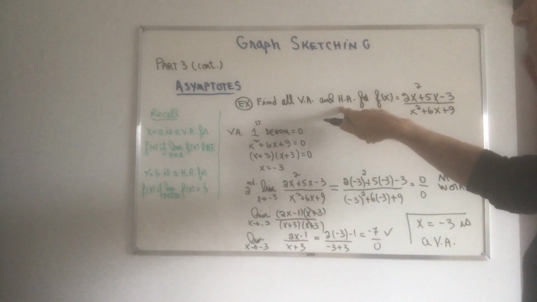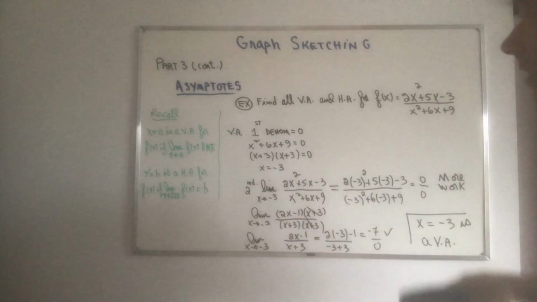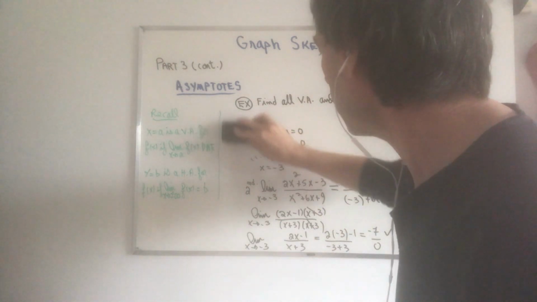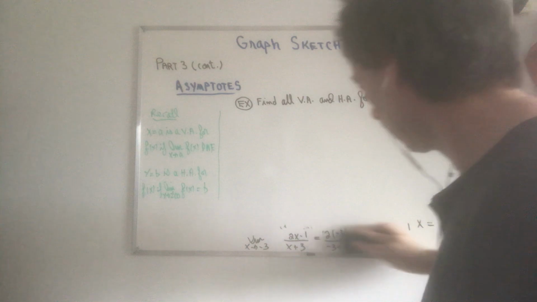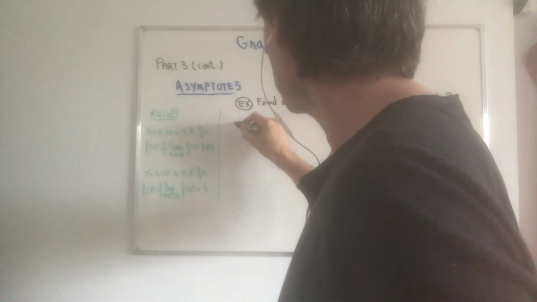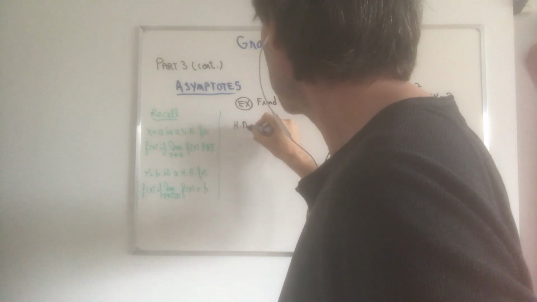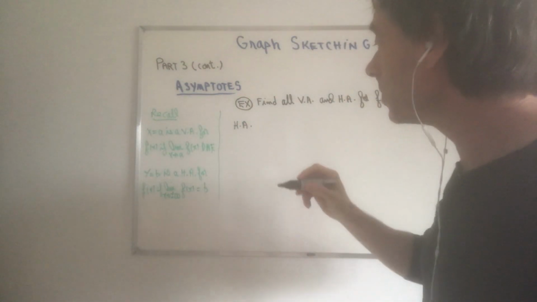Okay, so we found the vertical asymptote. Let us now look for the horizontal asymptote for this function. So we can get rid of this, I guess. And we are now seeking the horizontal asymptote.